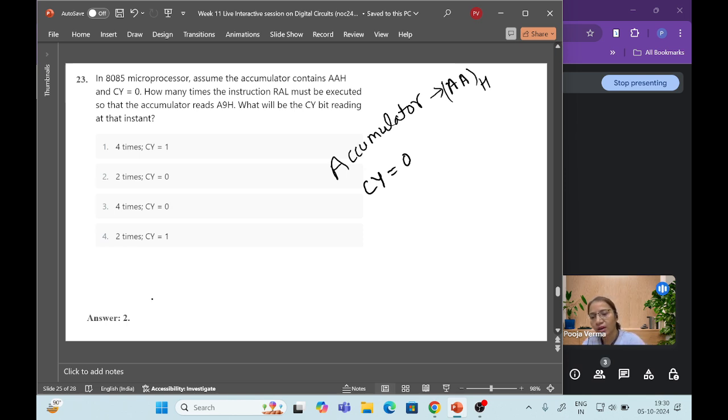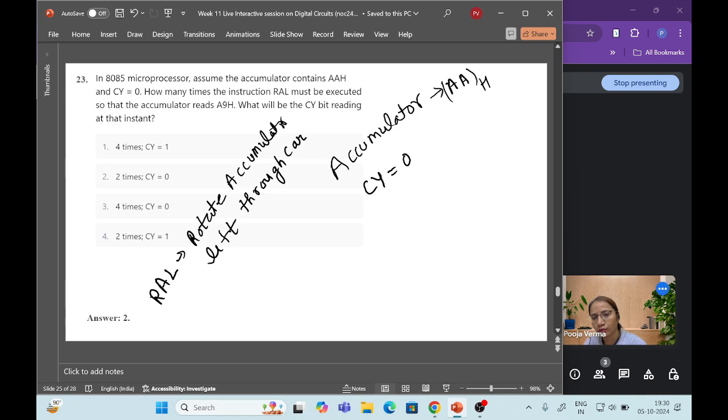RAL stands for rotate accumulator left through carry. What is the value in the accumulator?